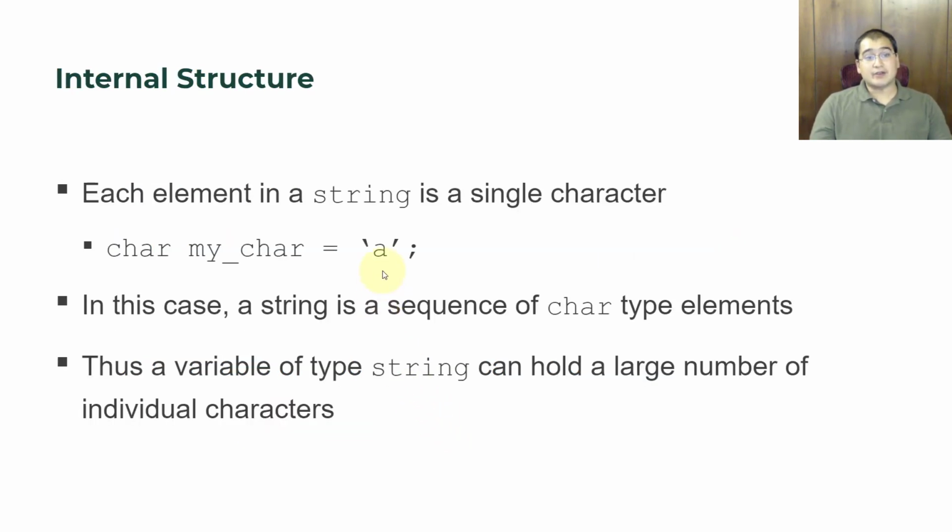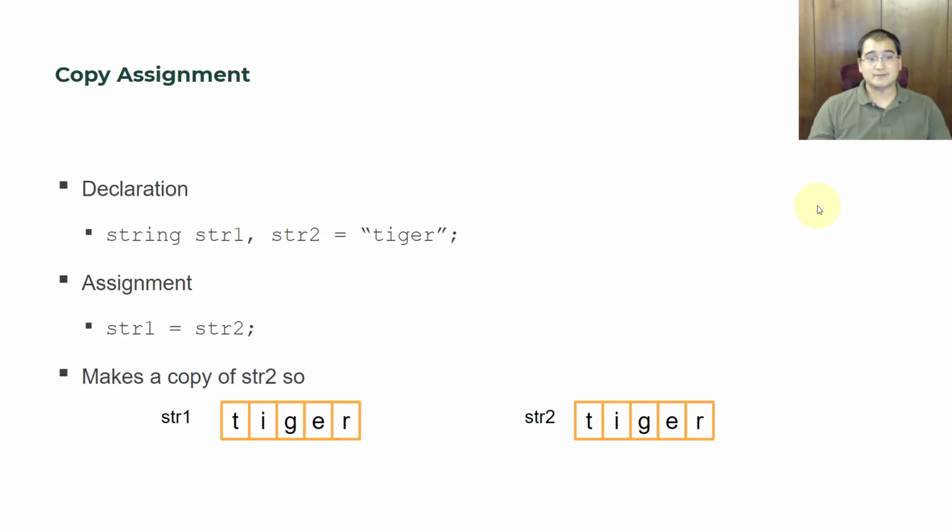The other thing to note is that each element of a string is a char. And so in this case, once again, a string is a sequence of char elements. And the nice thing about strings is they can hold a large number of individual characters, and they can hold a variable number of individual characters.